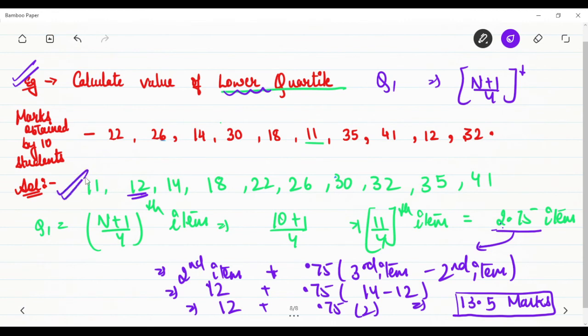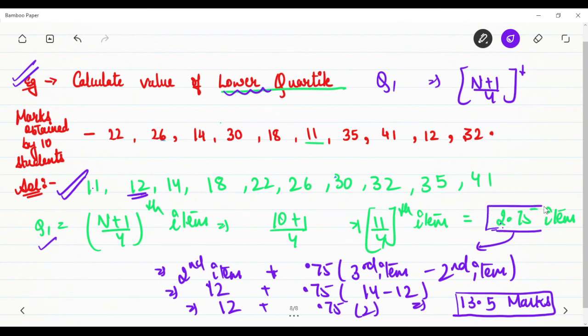Now we put the values in this formula. Counting 1 2 3 4 5 6 7 8 9 10, we have a total of 10 observations. So 10 plus 1 by 4 is 11 by 4, that is 2.75th item.